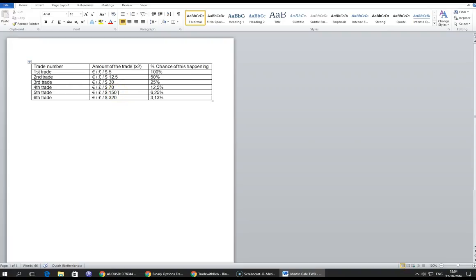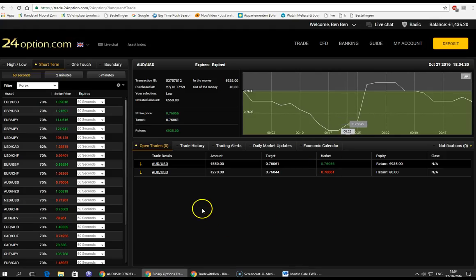And yeah, that's what happened. So remember this strategy: if you lose a trade, just double up, and then if you lose that one, you double up again. So just keep this in mind, and it should be around 2.5 by now because we have adjusted this. And yeah, let's see what trades are coming up right now.